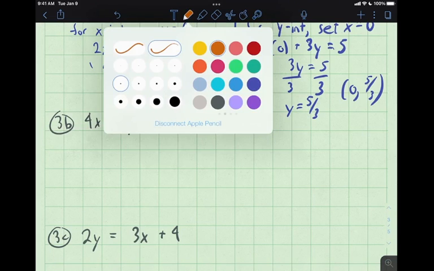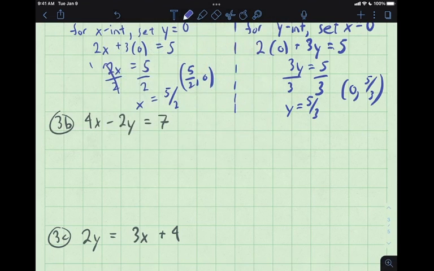Let's go back to this blue. Okay, so set y = 0 for solving the x-intercept. 4 times x minus 2 times 0 equals 7. 4x = 7. So our x-intercept here is 7/4.